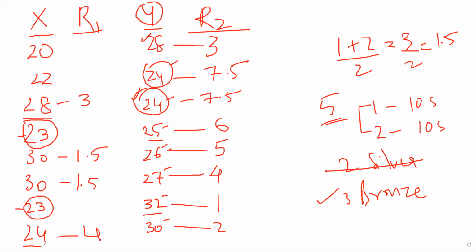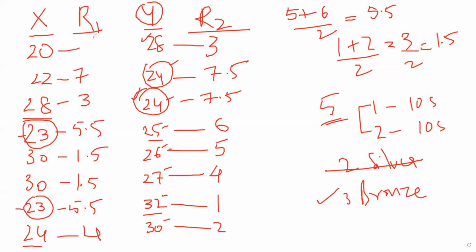Fourth rank is given to 24. My 5th and 6th value are the same, 23. So I will do 5 plus 6 by 2, 5.5. So 23 will get 5.5 and this will get 5.5. Instead of 6, now I'll get 7. So again, the next number is skipped. This will be 7 and this will be 8.